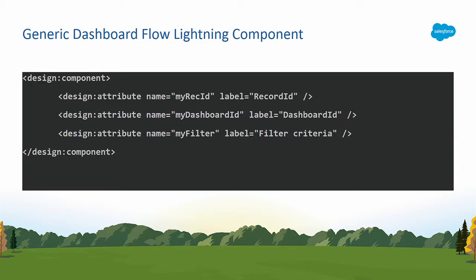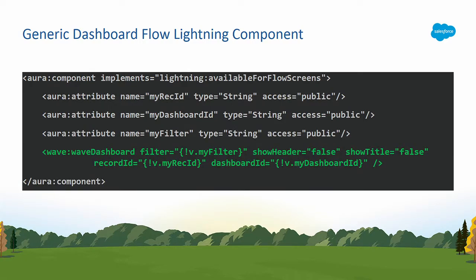And then we also have a design for the component, because otherwise you can't set the values out of flow. If you have a design, you can use it from flow. And maybe just one thing I forgot about the component: it is lightning:availableForFlowScreens.